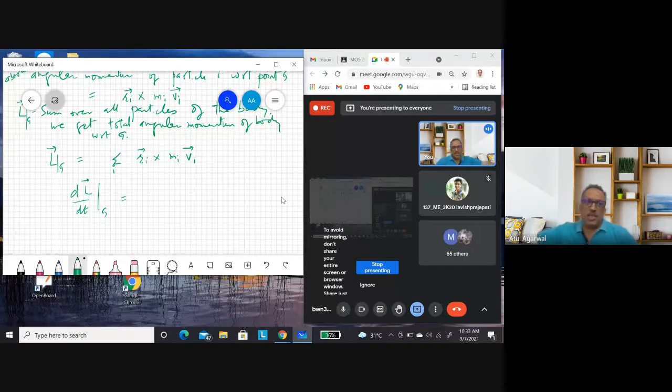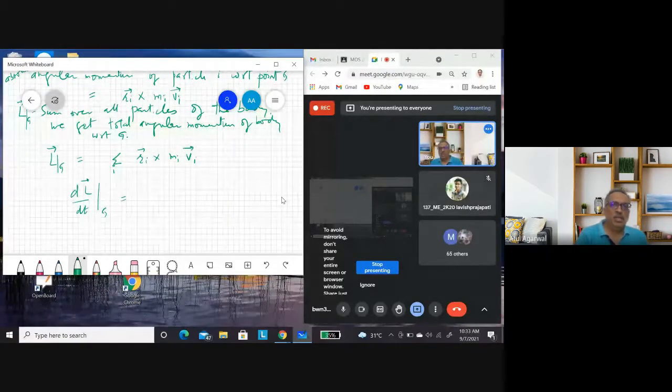Any ideas how to integrate it over the entire body? We know the answer. We are looking for something called I omega. How do I get I omega?